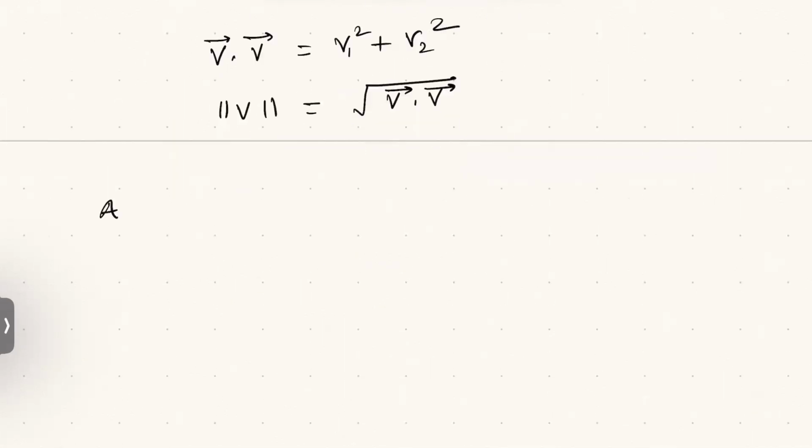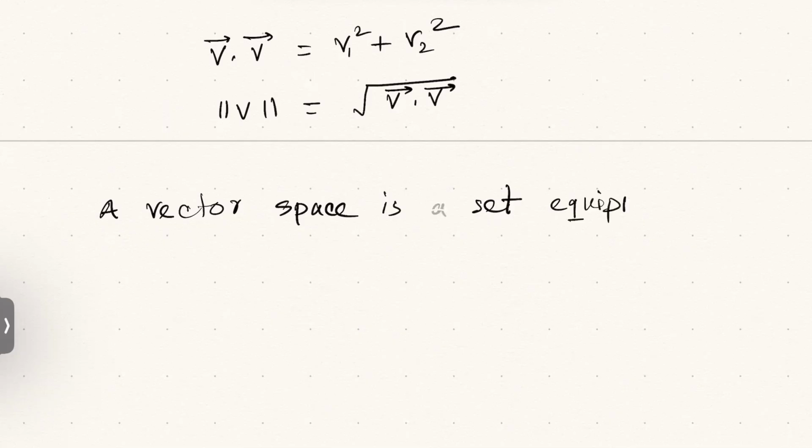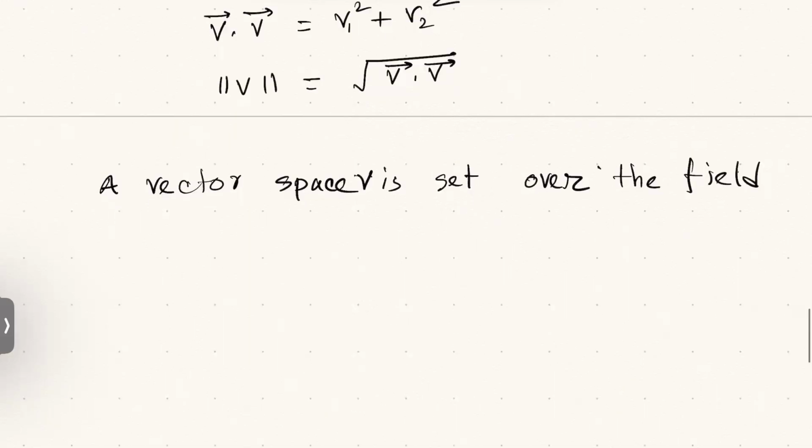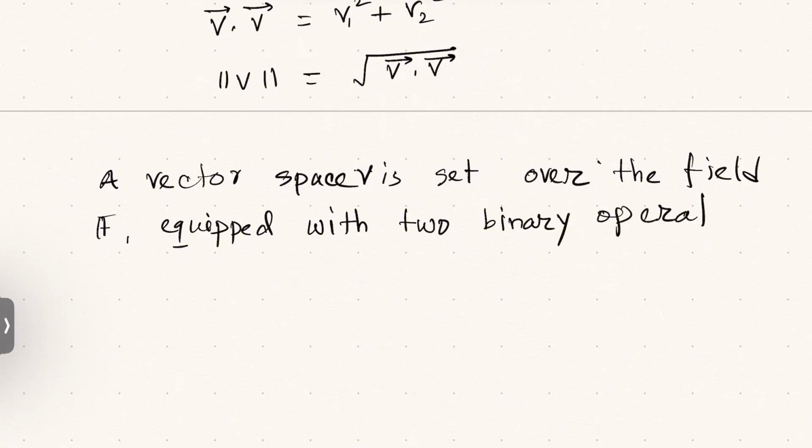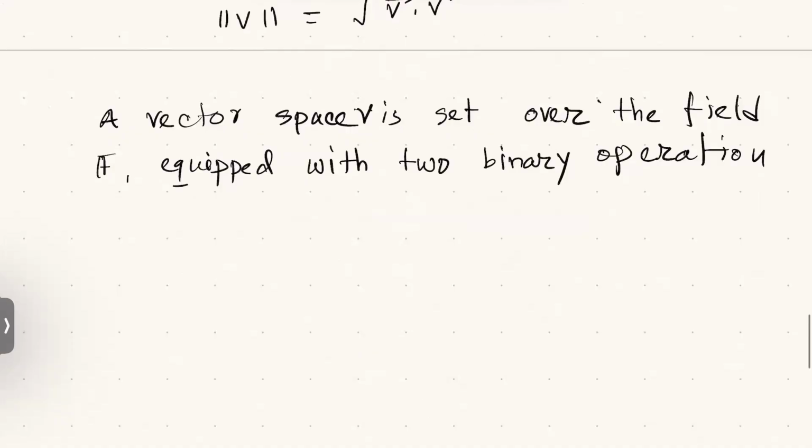So a vector space V is a set over the field F, equipped with two binary operations, plus and dot, which are known as addition and scalar multiplication.